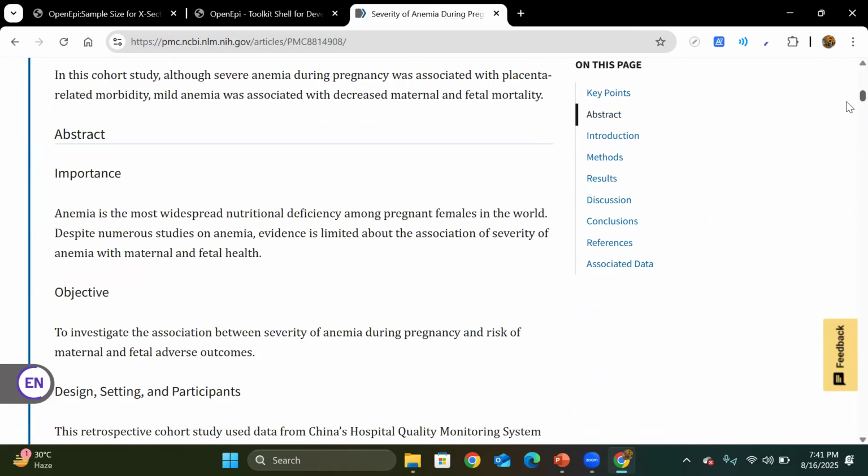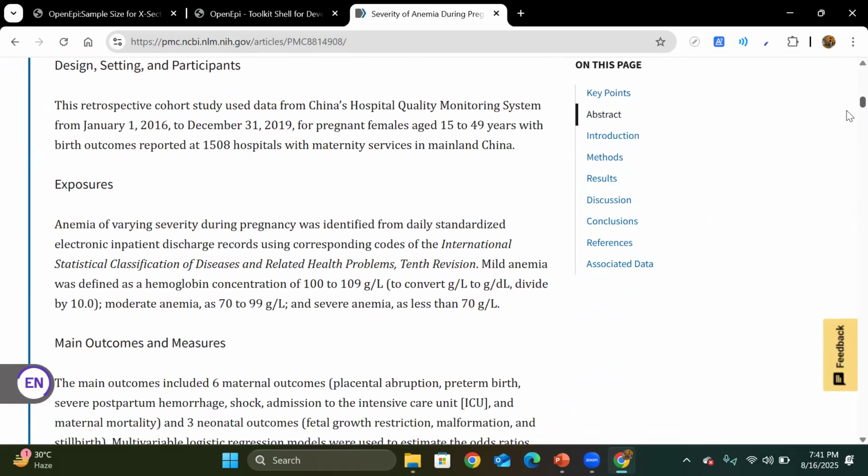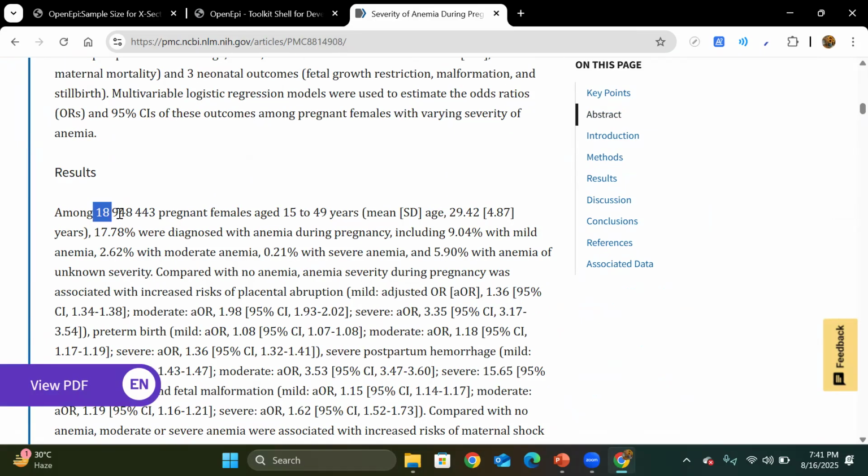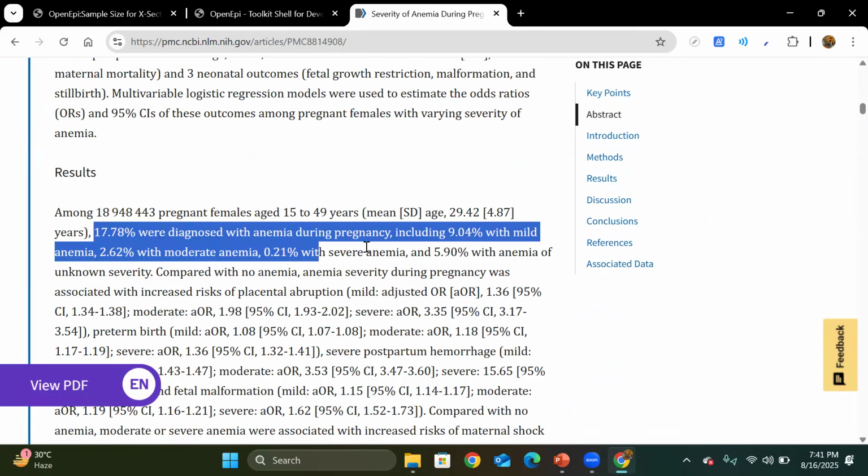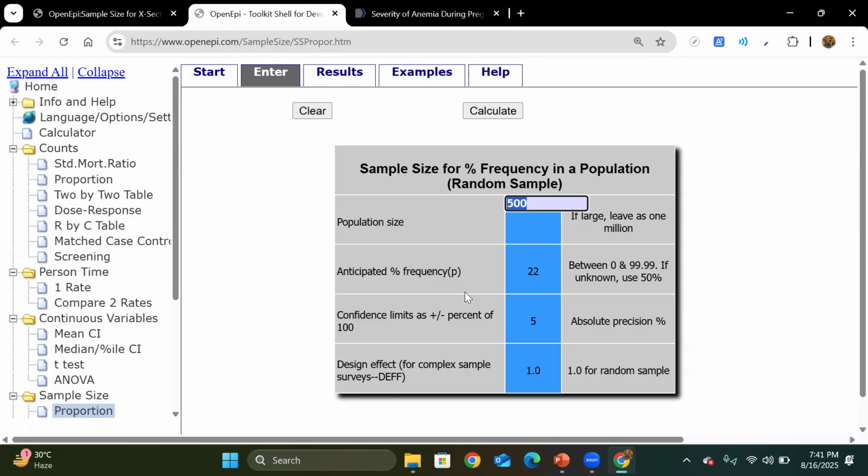I go again to the results section, and it says that this many pregnant females presented to the ward, and 17.8% were diagnosed with anemia during pregnancy. I set my limit to collect data for around 1 month. Ideally, it should be more than 6 months, as the guidelines suggest, to get appropriate data.